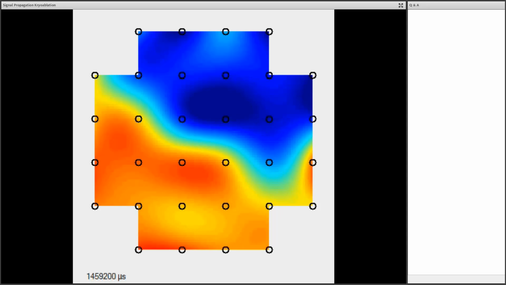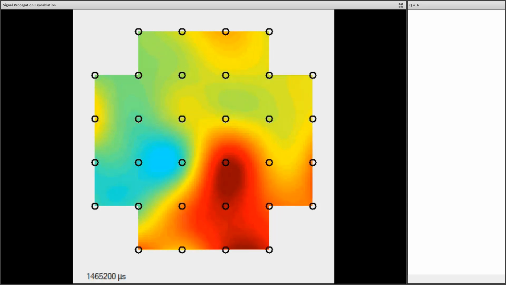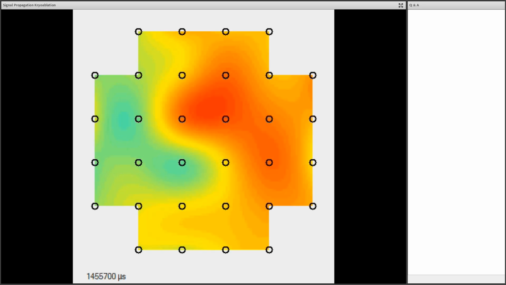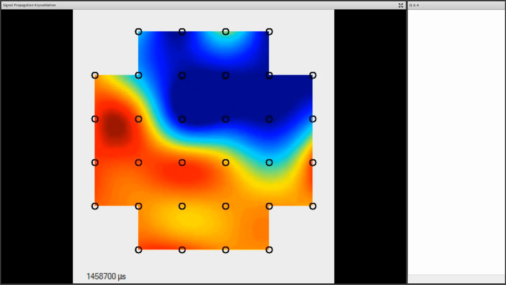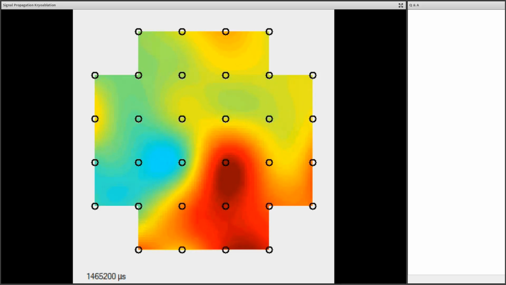So you basically see that the signal seems to go around a certain area in the center of the array. Let's run the same movie again and just focus on the center, and I think you can see very nicely that there is no longer this linear propagation, but it's kind of cycling around the center.